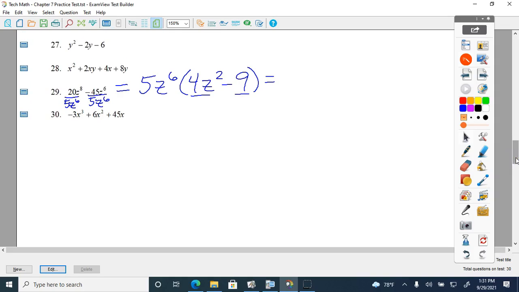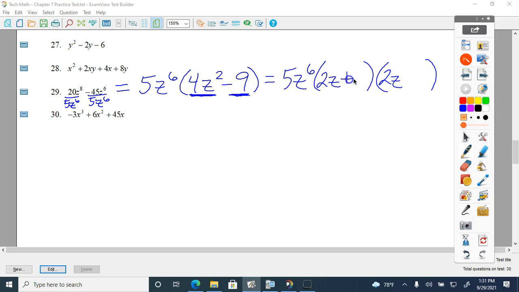Moving on. All right, so 5z to the 6th. You take the square root of 4z squared, which would be 2z. Put those there and there. The square root of 9 is positive 3 and negative 3 because it had the negative sign with it.